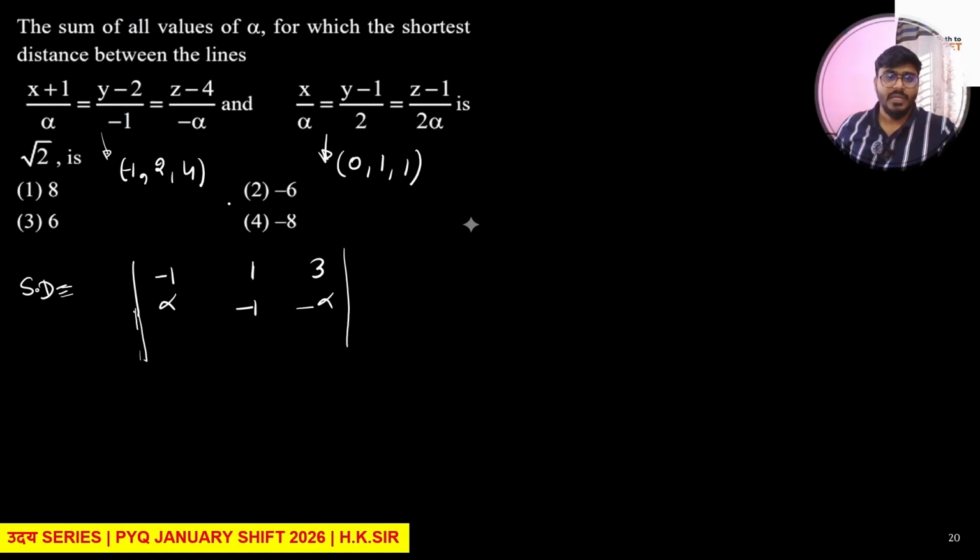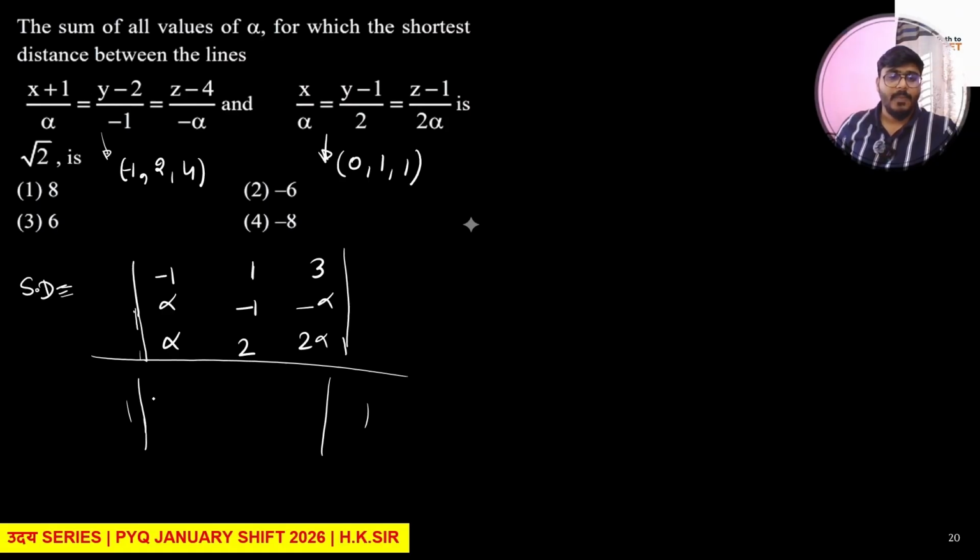This other line's direction vector is alpha, 2, 2 alpha, divided by magnitude of the cross product of i cap, j cap, k cap, alpha minus 1 minus alpha, alpha 2 2 alpha.